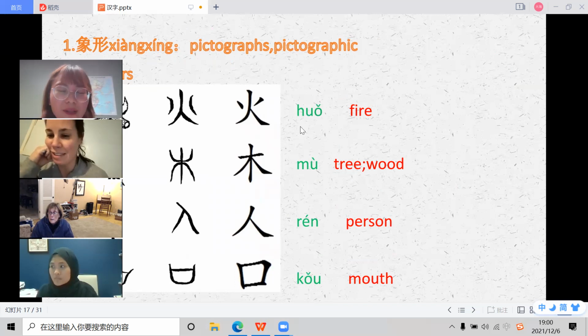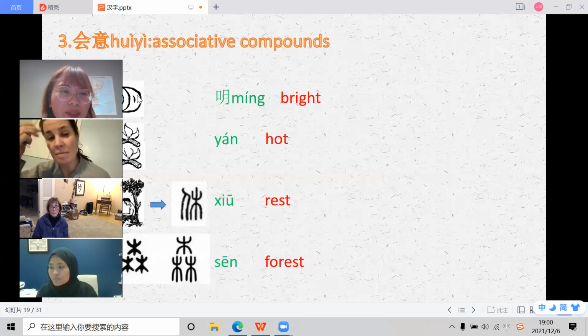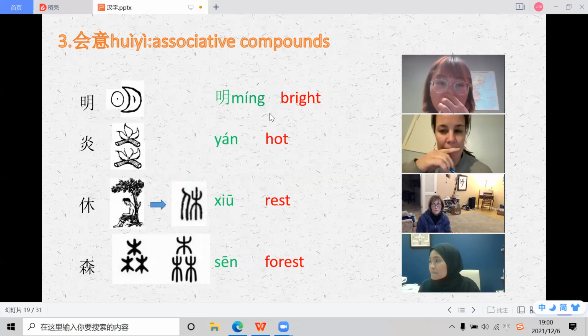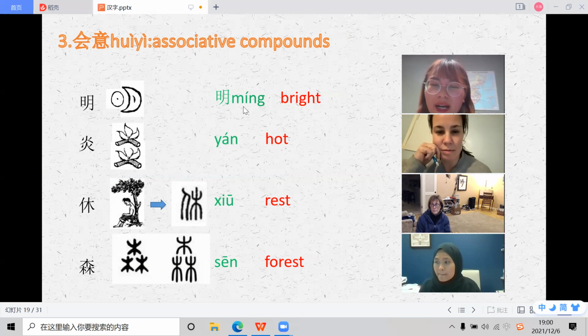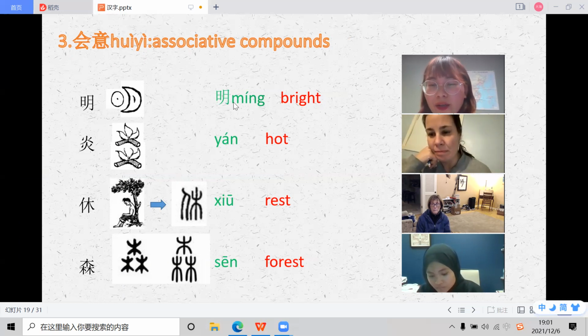Actually not. For example, in ancient China, maybe one character can express a meaning, but in modern China, often there should be two or more characters to express a meaning. So in ancient China, maybe you can say it like that, but in modern China, we say 明亮 instead of 明.